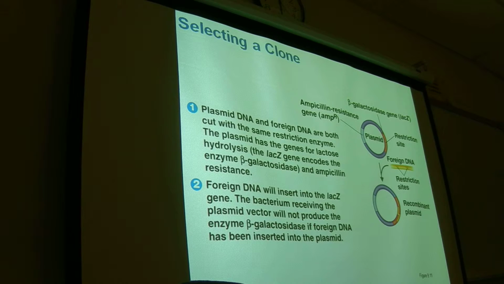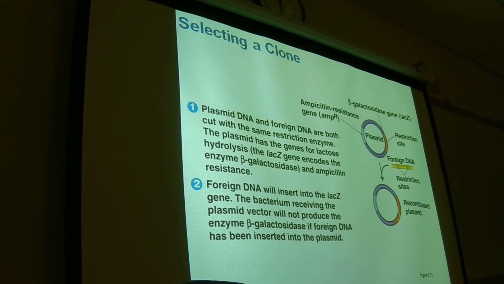So anything where the plasmid pasted back on itself without your gene will have an intact LacZ gene. It'll produce beta-galactosidase, and when it's grown in the presence of X-gal, it'll make the cells turn blue. Any cells that have the plasmid with an interrupted LacZ gene will not make beta-galactosidase, again, because your gene is interrupting that gene. And without beta-galactosidase, there's nothing to make the cells turn blue, and they remain white.